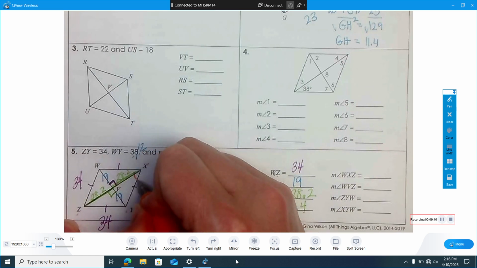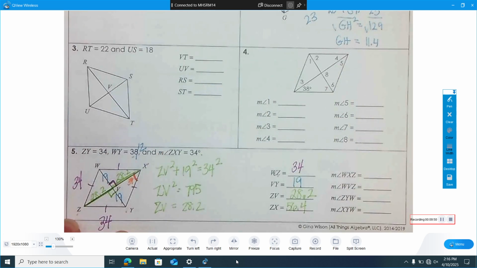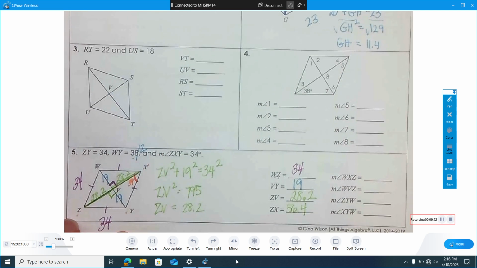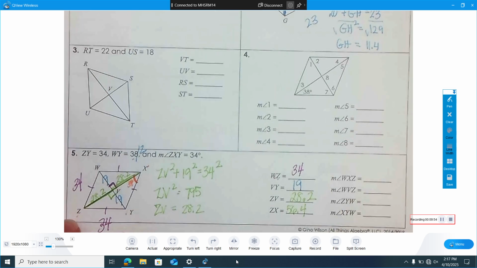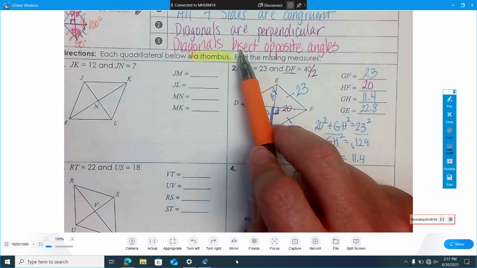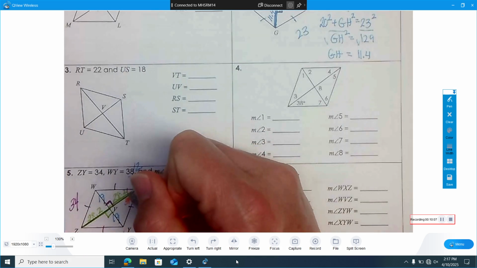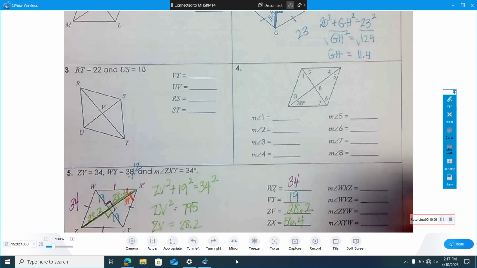ZXY is this angle right here, and it is 34 degrees. What do we know about the opposite angles in a rhombus? They are the same, but also the diagonals bisect those opposite angles. So what is WXZ? Right here? 34.